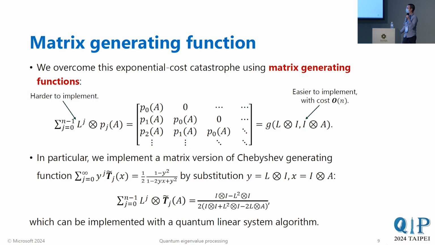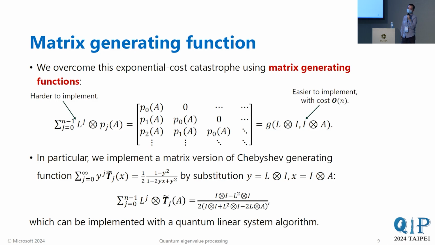That's our desired operator, but we don't know how to implement that directly. But by using this matrix generating function, we could get a more succinct expression. So hopefully, we can efficiently implement that more succinct expression and thereby efficiently generate the polynomial basis.